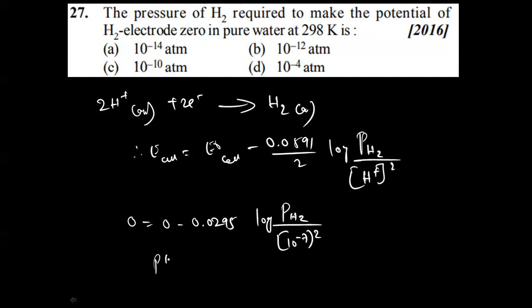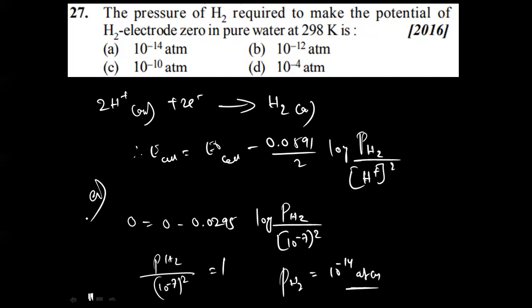Simplifying, pH2 divided by 10 power minus 7 whole square is equal to 1. So pH2 is equal to 10 power minus 14 atmosphere. That is option A, 10 power minus 14 atmosphere.